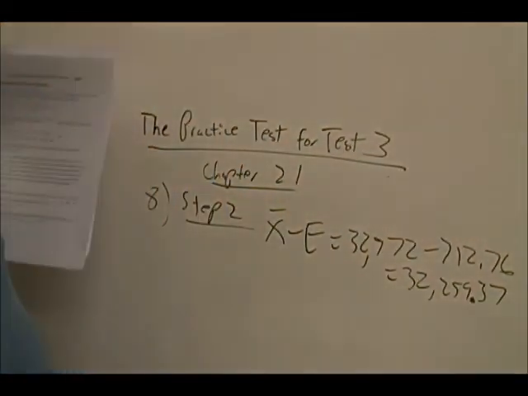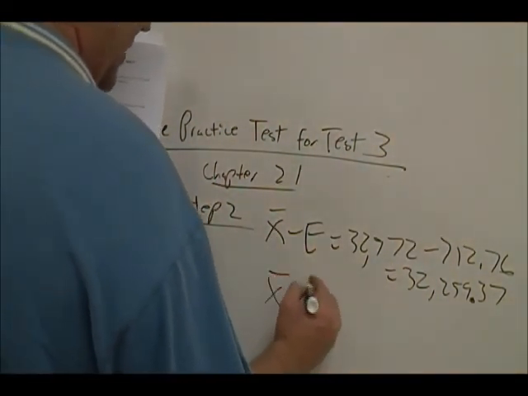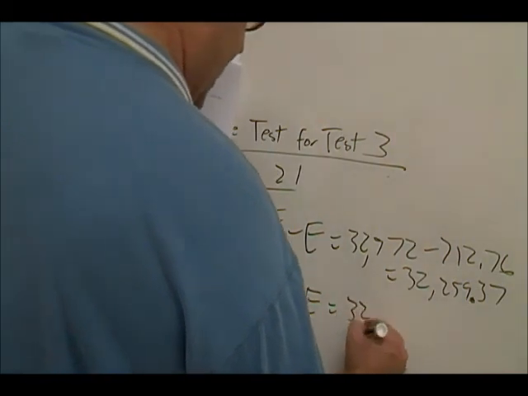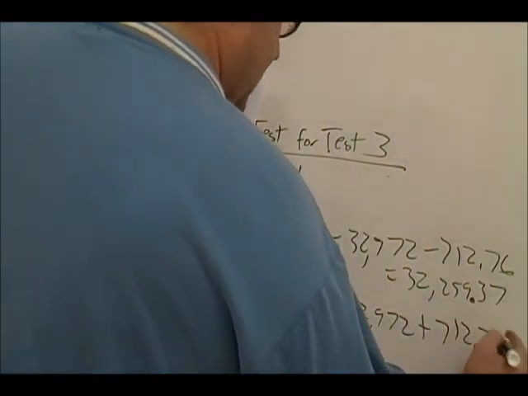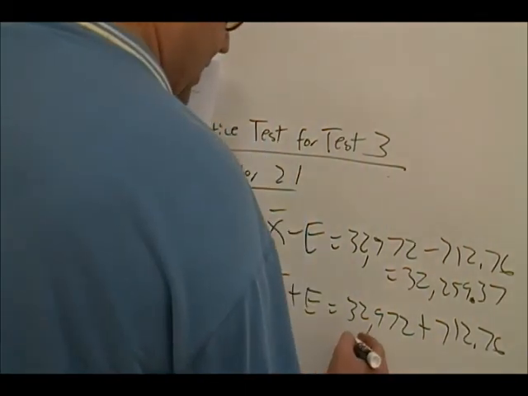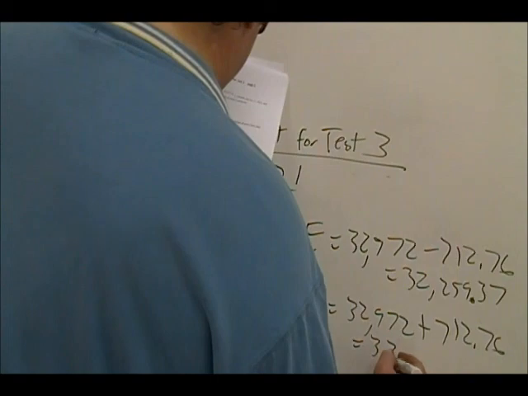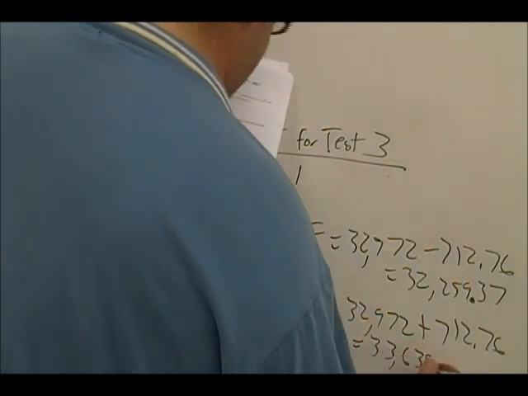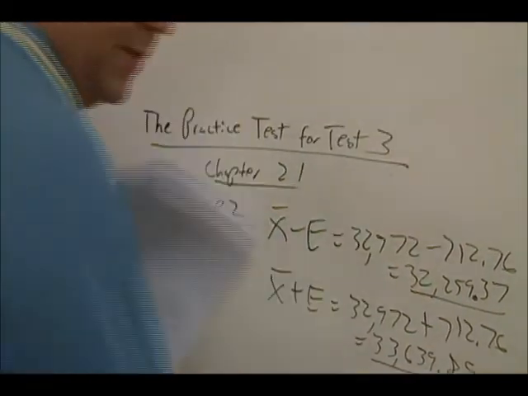So $32,259.37 is X bar minus E, and then X bar plus E would be $32,972 plus $712.76, and that is equal to $33,639.89.